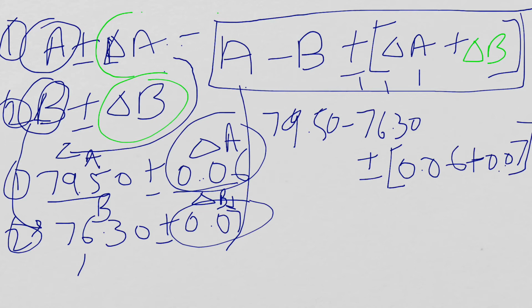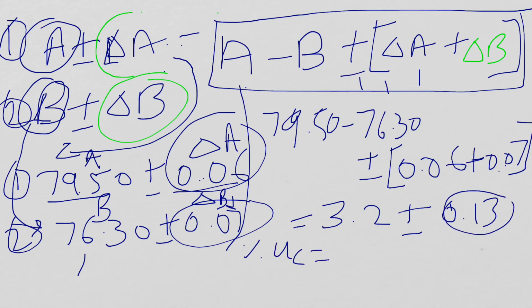So 79.50 minus 76.3 will give 3.2, then plus or minus 0.06 plus 0.07, which gives 0.13. Now we will find the percentage uncertainty: 0.13 divided by 3.2 times 100.